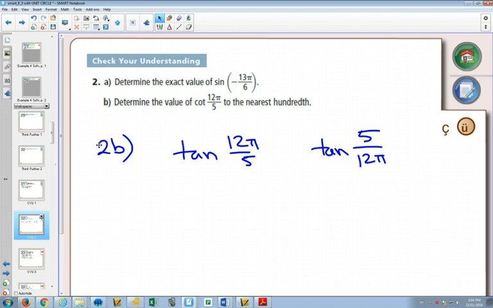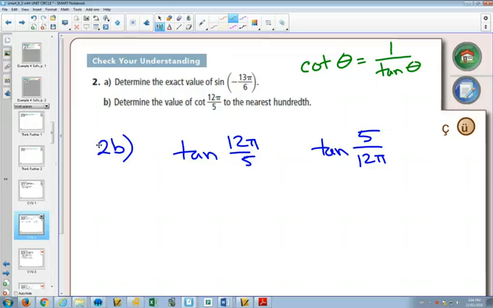Well, we remember that cotangent and tangent are related, and they're reciprocals of each other. Okay? Now, if we go back to our definitions, I had as a definition that cotangent was 1 over tangent.